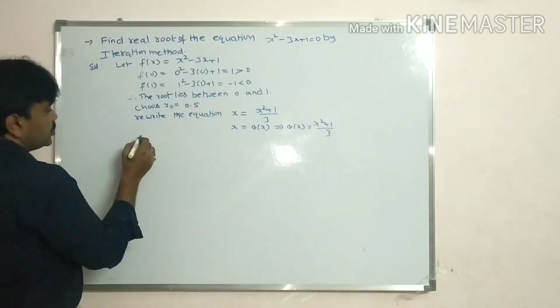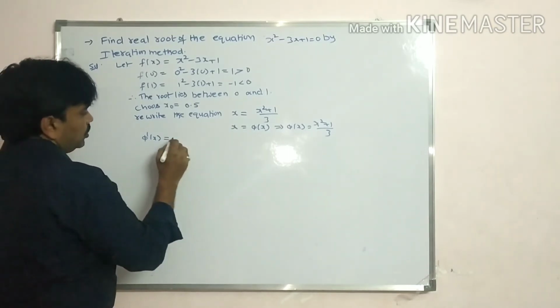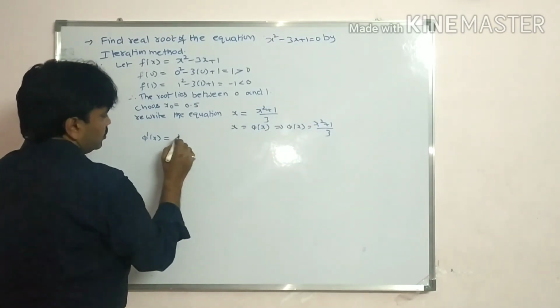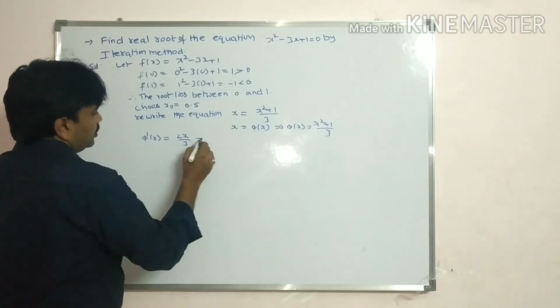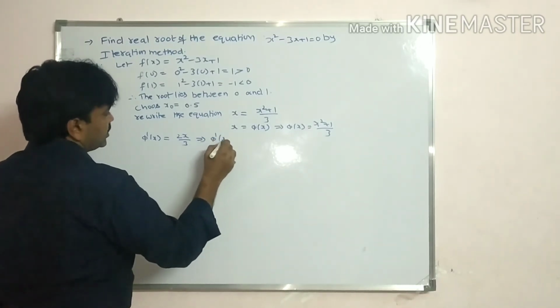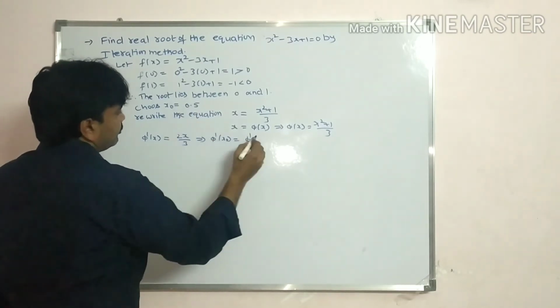Now you check the condition phi dash x, students. Phi dash x is equal to the derivative of x square, which is 2x, and the derivative of 1 is 0, divided by 3. That implies phi dash at x0, what is x0, students? 0.5.